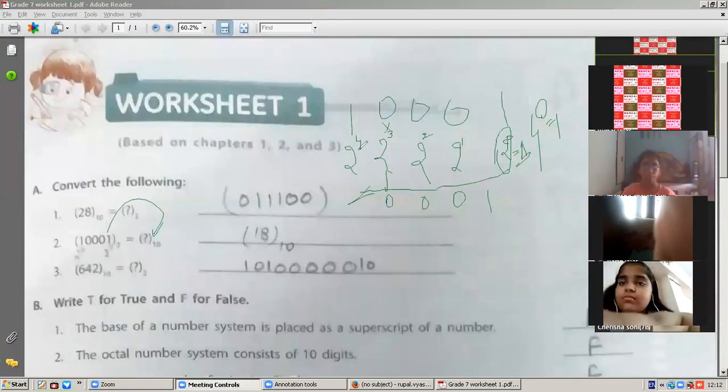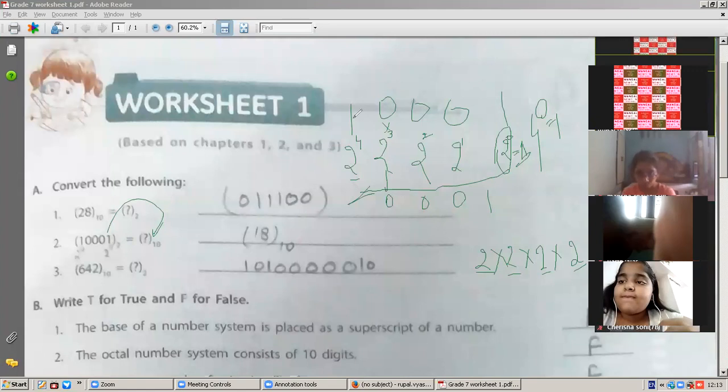Now we are going to continue this. 2 to the power 4 means we solve it like this: 2 multiplied by 2 multiplied by 2, then multiplied by 2. 2 times 2 is 4, 4 times 2 is 8, and 8 times 2 is 16.